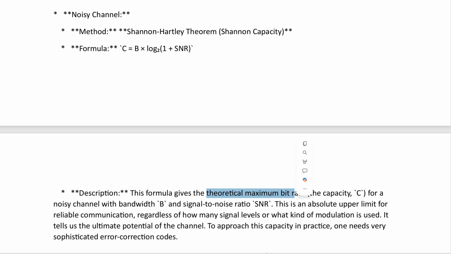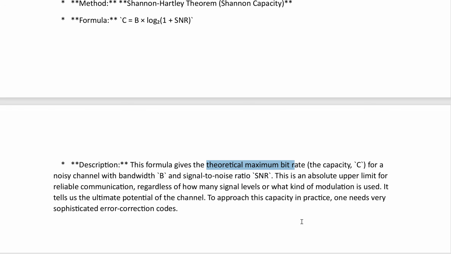It is the practical maximum bit rate. For a noisy channel with bandwidth B and signal to noise ratio SNR, this is an absolute upper limit for reliable communication, regardless of how many signal levels or what kind of modulation is used. It tells us the ultimate potential of the channel. To approach this capacity, in practice, one needs very sophisticated error correction codes.